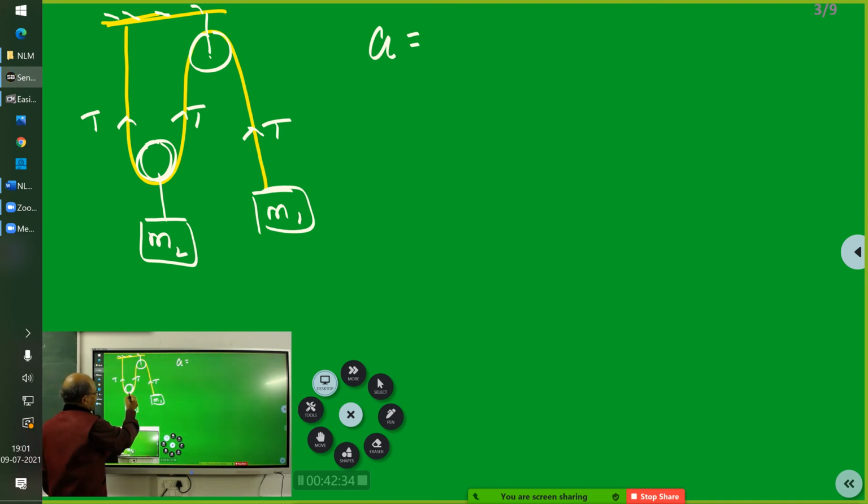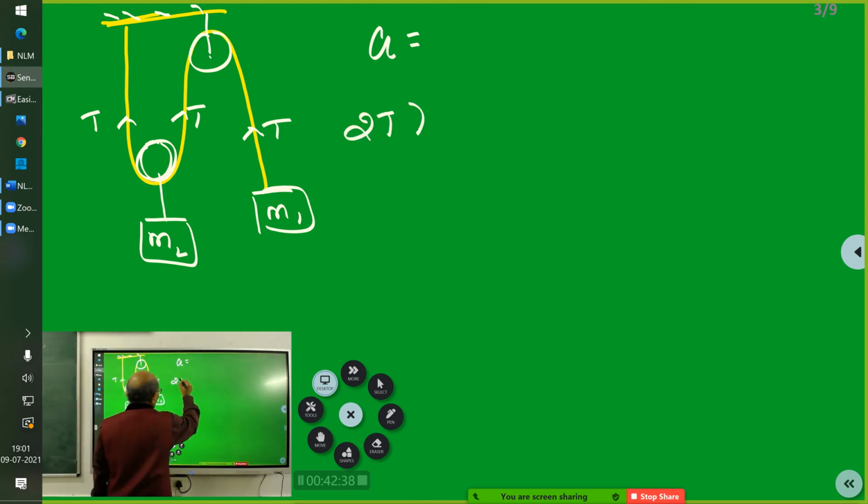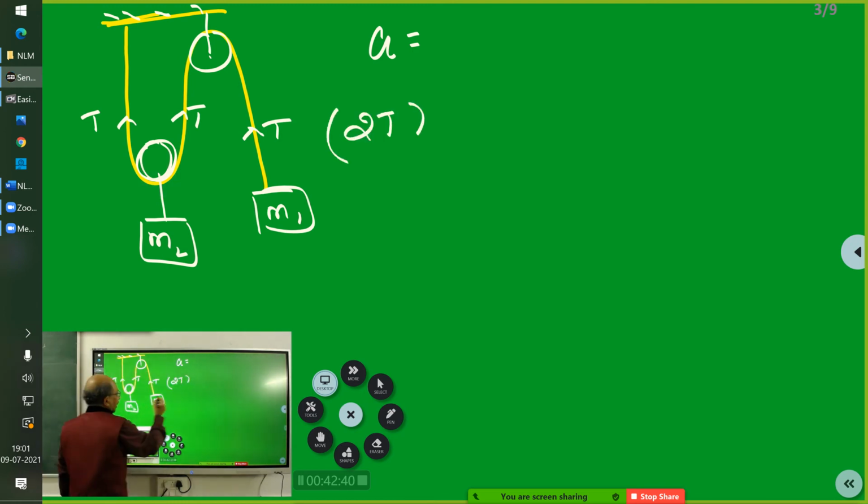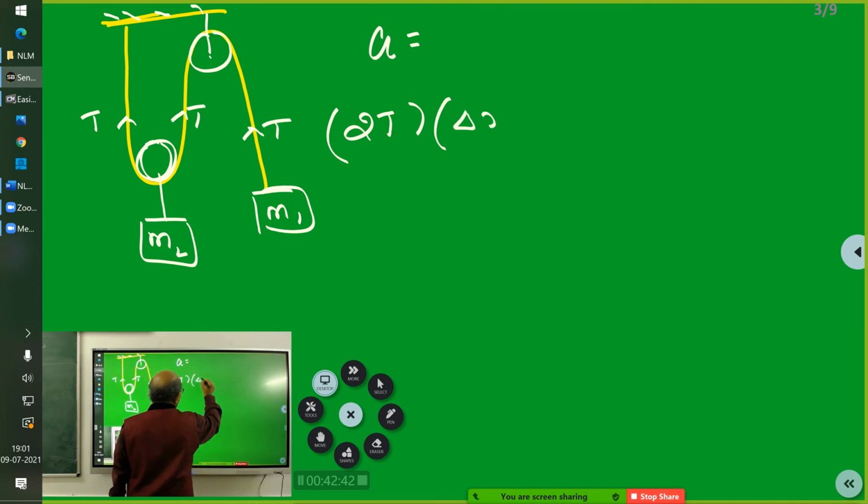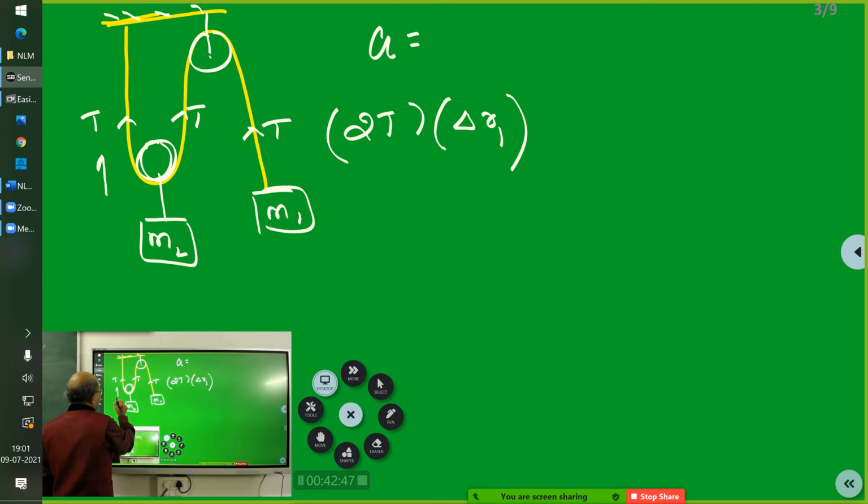If I apply the work here, what will be the work? 2T into delta R1, because T is along the same line as delta R1. This mass is going up, this mass is coming down.